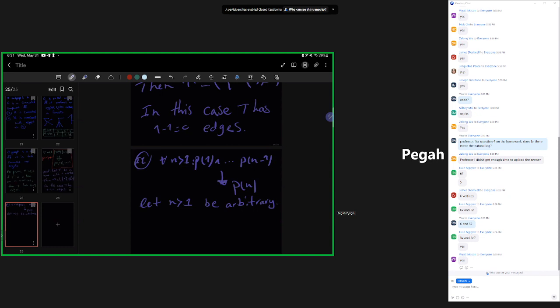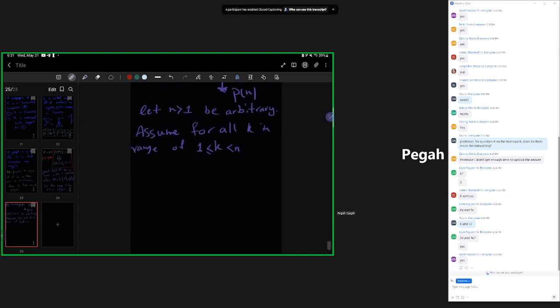What we are gonna assume is, for all k in the range of k greater than or equal to 1 and less than n, because we are not going to consider n, if T is a tree on k vertices, then T has k minus 1 edges.